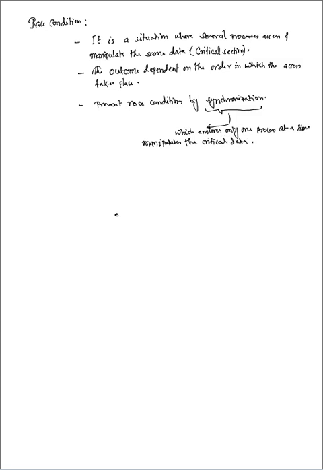Here critical data means shared data. Okay, so what I am saying is, let us suppose this is my code, and this is my critical section, meaning where the shared variable resides.